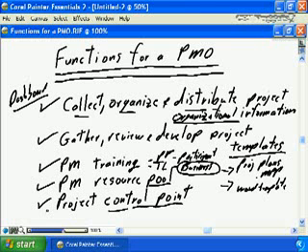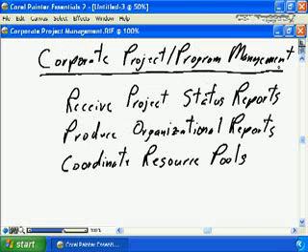One of the more common roles of a PMO that I've seen is this of the corporate project/program management area. The PMO is responsible for providing the total picture, the big picture of project delivery across the entire organization. In order to deliver this big picture, obviously the PMO needs to be a repository where all individual project status reports are received.